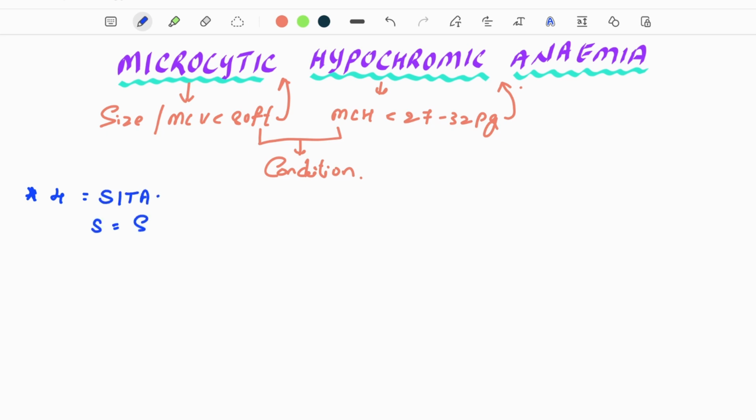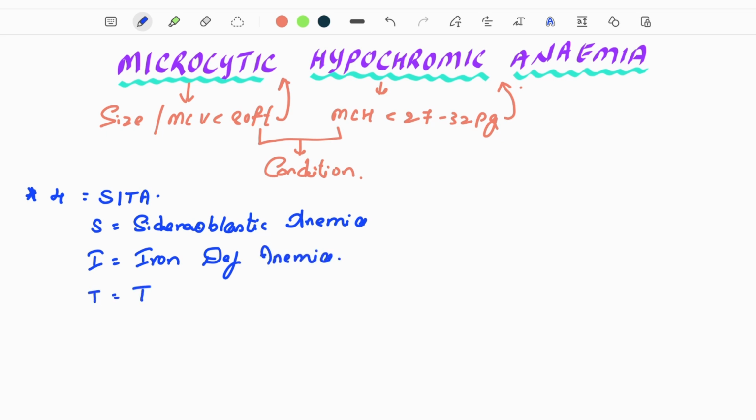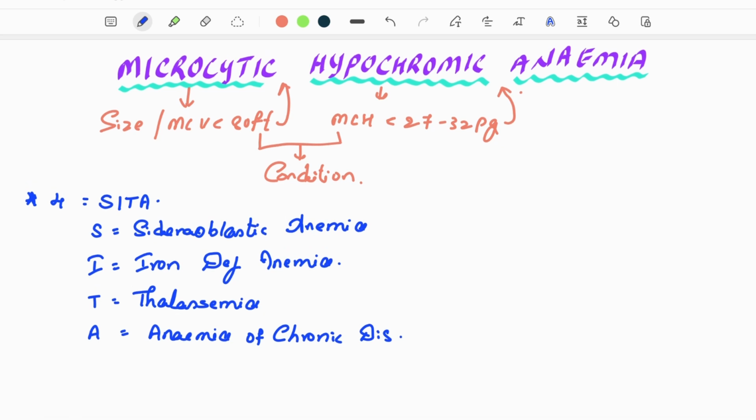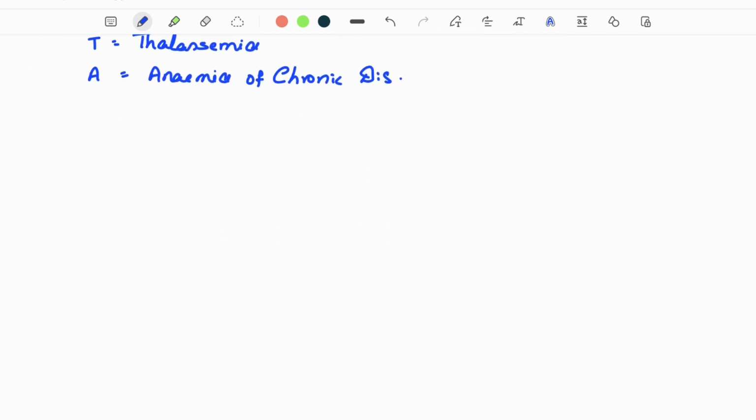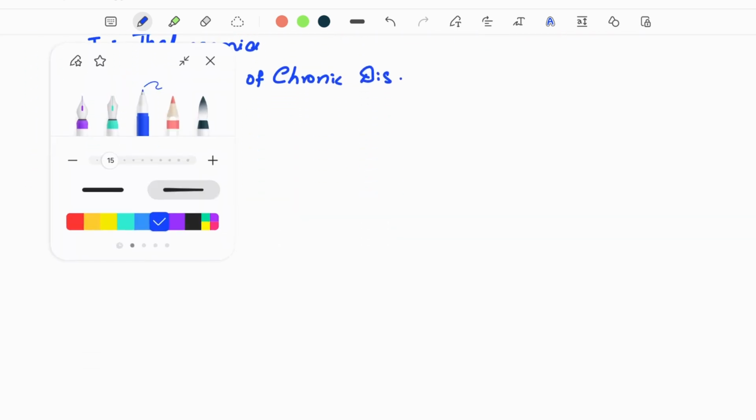S for sideroblastic anemia, I for iron deficiency anemia, T for thalassemia, and A for anemia of chronic diseases. In these four diseases we can observe microcytic hypochromic anemia. Okay, now in this class let's discuss about the iron deficiency anemia.